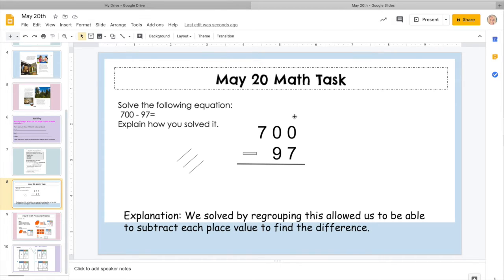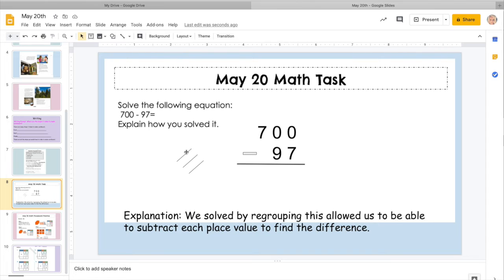Always, if we follow those steps, we're always starting with the 1s column. Here we have 0, and we want to take 7 away from that. Well, if you have 0 of something, you cannot take 7 away. So what we always do is go next door. Well, there's also a 0 here. So we're going to have to borrow twice before we can actually find the difference of the 1s column.